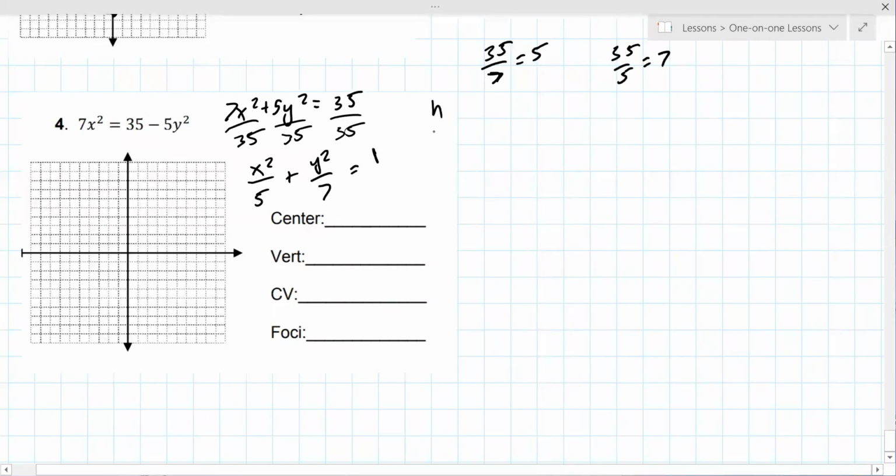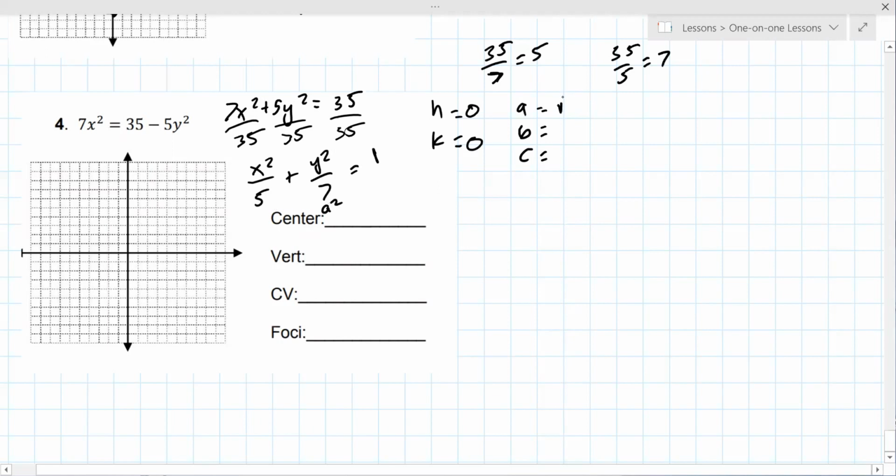So we've got to get H, K, A, B, and C. H is 0 and K is 0 because they're not subtracting anything. Which is the bigger number? 7, right? So 7 is the bigger number.